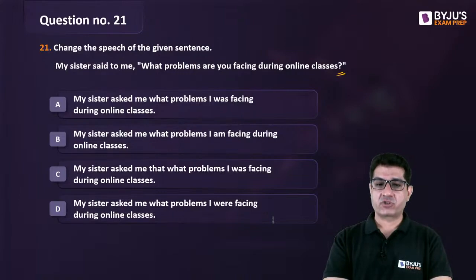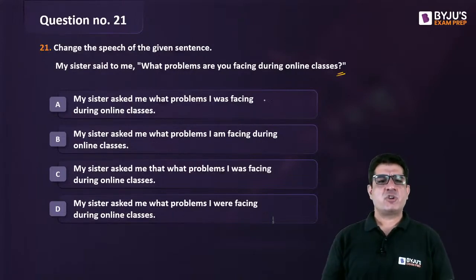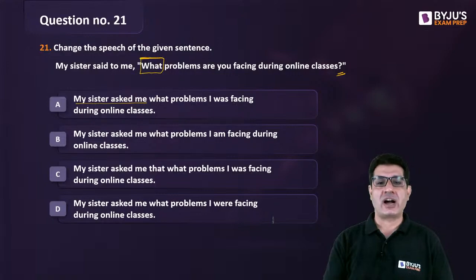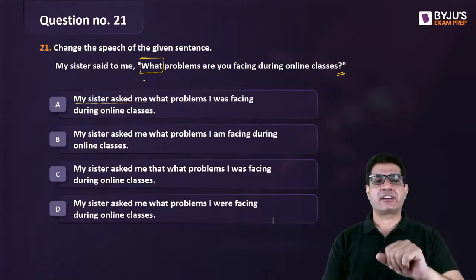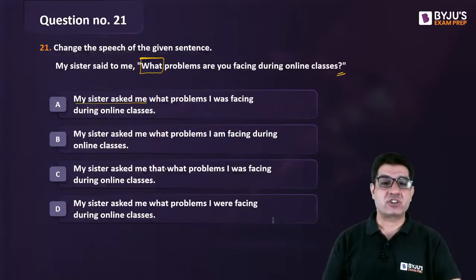So the answers are streaming in. So you notice the first part my sister asked me is same in all of them. So we can just ignore it. Now, whenever you have a question that starts with one of those WH words or how, then in indirect speech, that word acts as a conjunction.